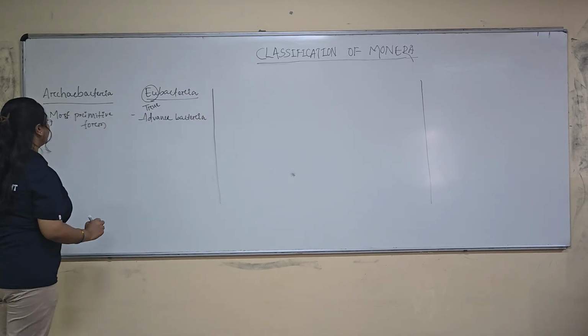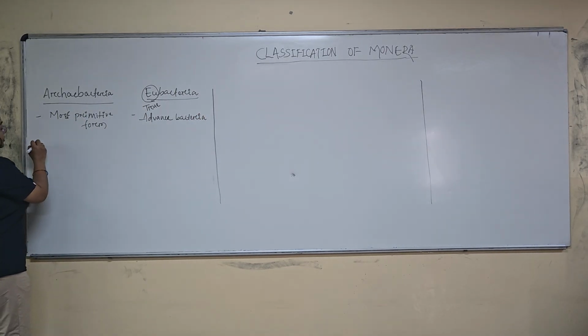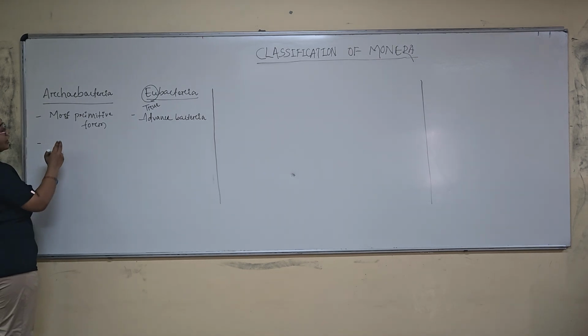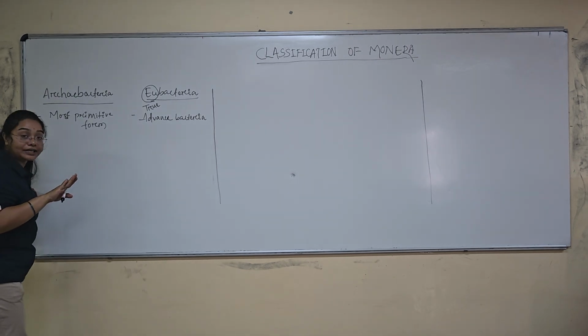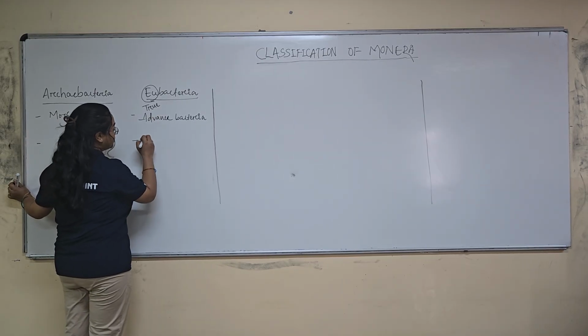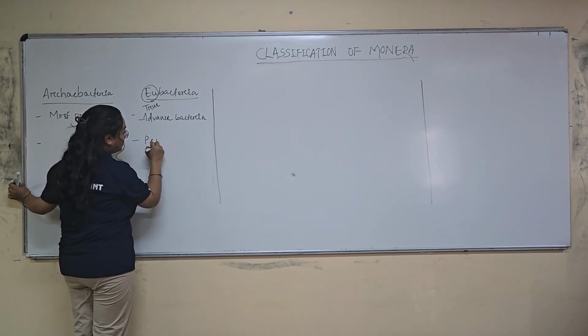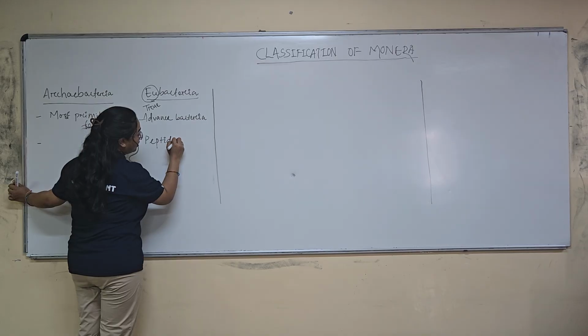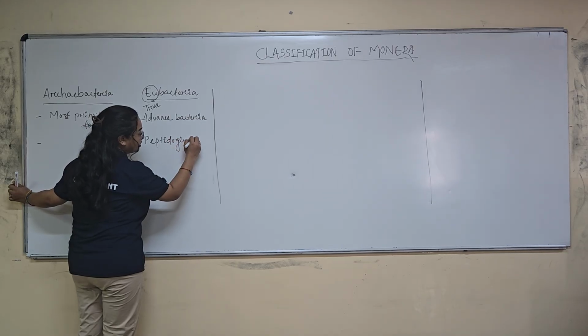Okay, so let's talk about the cell wall composition. The cell wall of Archaebacteria is not made up of peptidoglycan, whereas the cell wall of Eubacteria was made up of peptidoglycan, right?